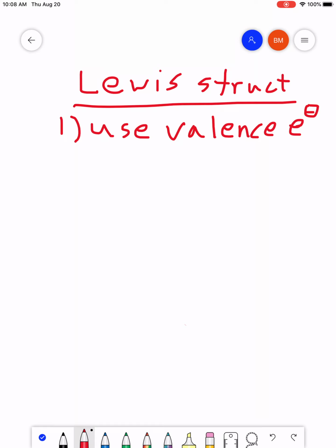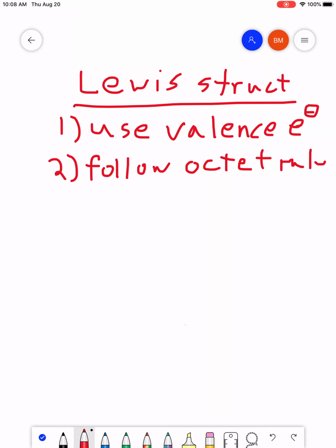All right, and whenever you draw these Lewis structures, you want to follow the octet rule, which I previously mentioned. You want to follow the octet rule for carbon, nitrogen, oxygen, and whenever I draw an X, X is just shorthand for any halogen, so chlorine, bromine, iodine, or fluorine.